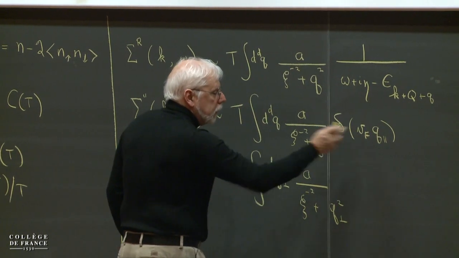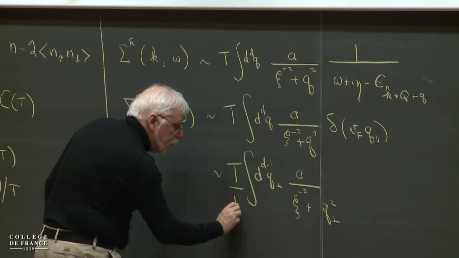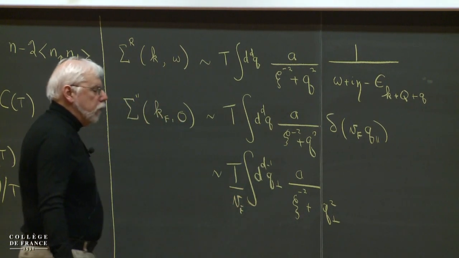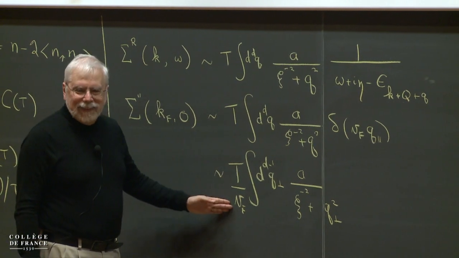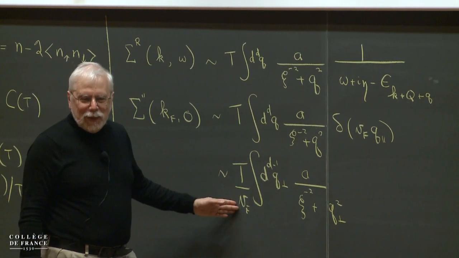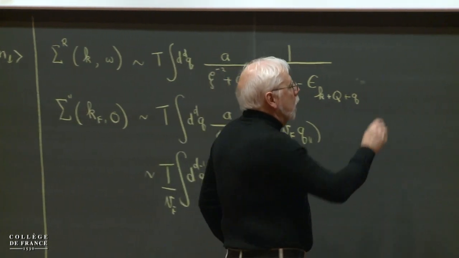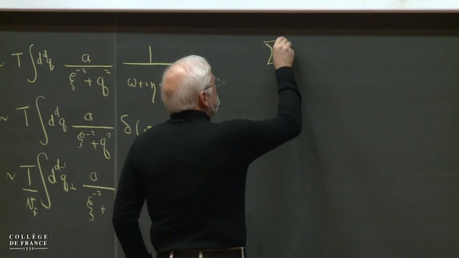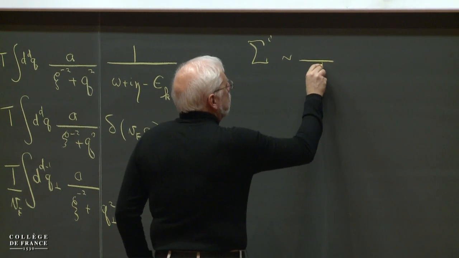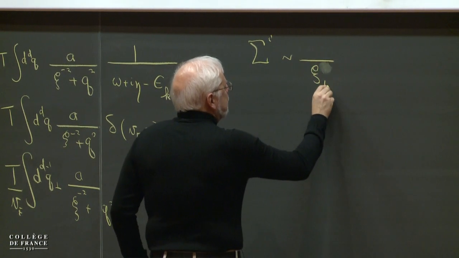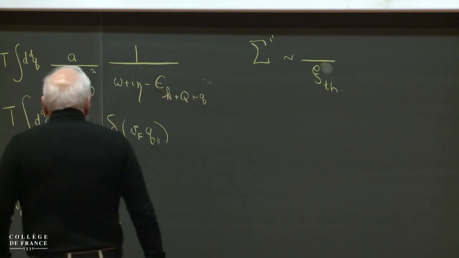And q parallel here is just 0. And using properties of the delta function, I get the v Fermi here. So you see, you recover the inverse of the thermal de Broglie wavelength. So I get that sigma double prime scales like 1 over xi thermal. And what is in the numerator?